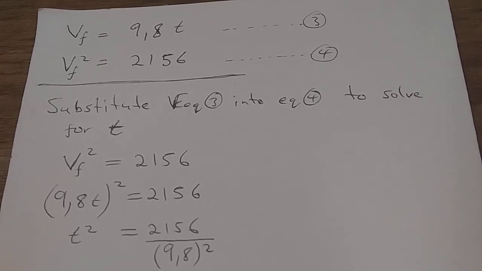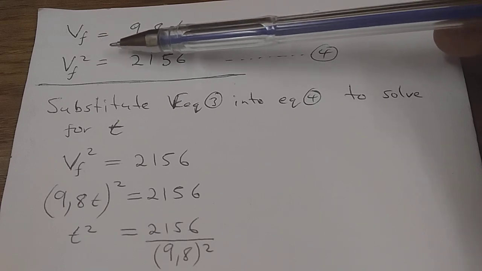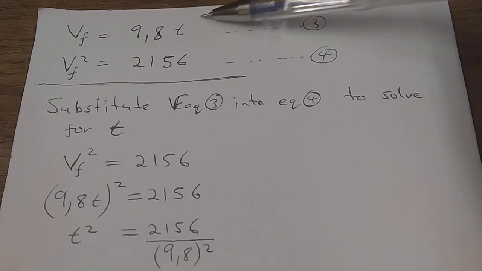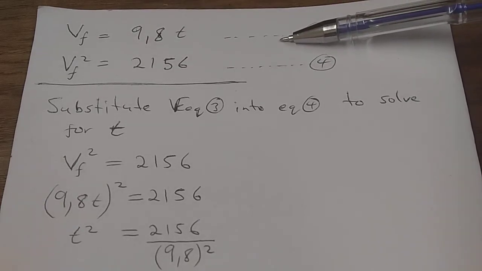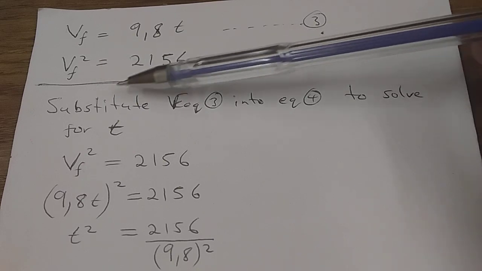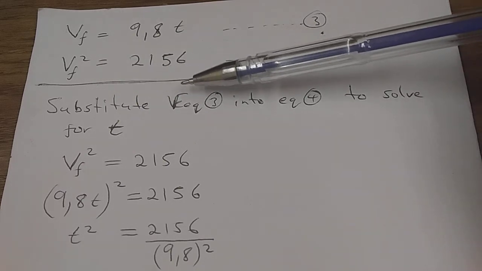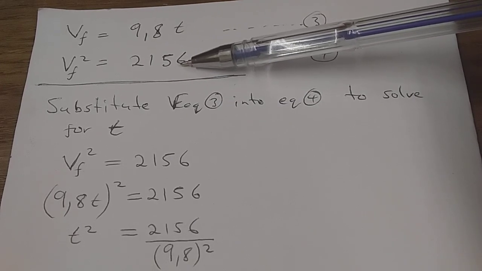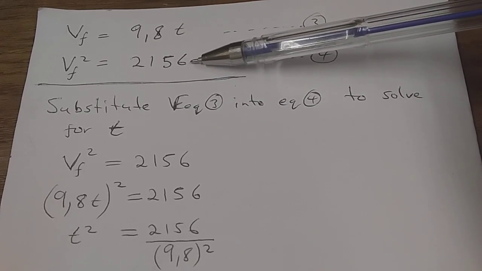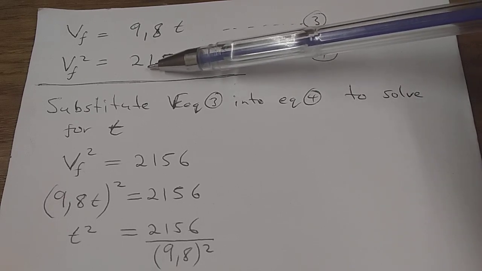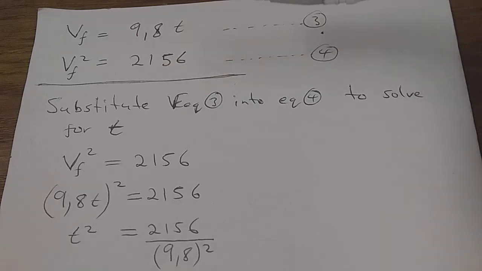So now we are going to solve for VF. By multiplying 9.8 times t, you just get 9.8t. Okay, and then the next thing you are going to say is VF squared is equal to what you have, which is 2 times 9.8 times 110, which will give you 2,156.